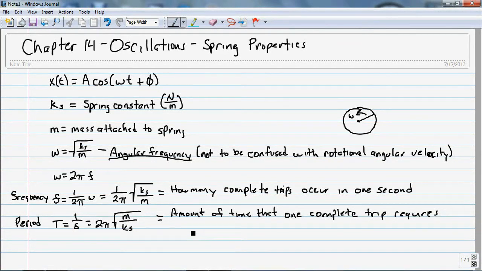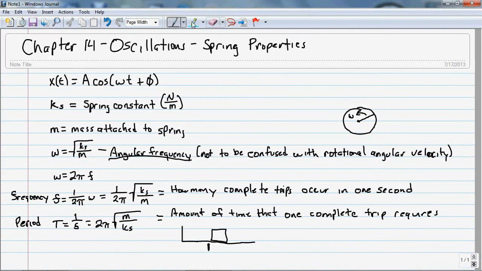Now when we mention complete trips, what we're saying is, let's imagine, I'm not going to draw the spring, but let's imagine we have the mass sitting here and we have some point.